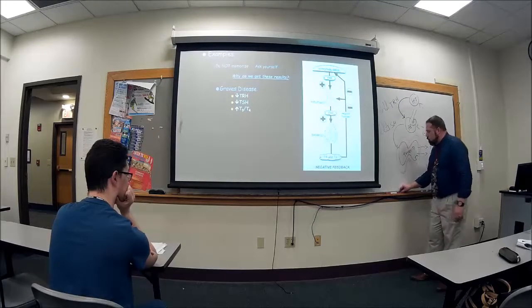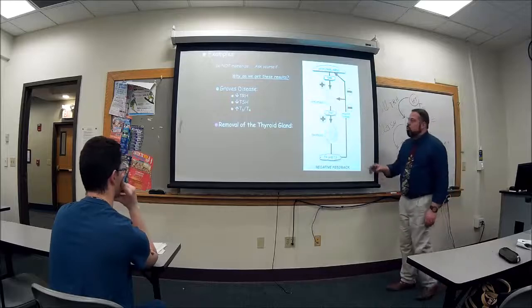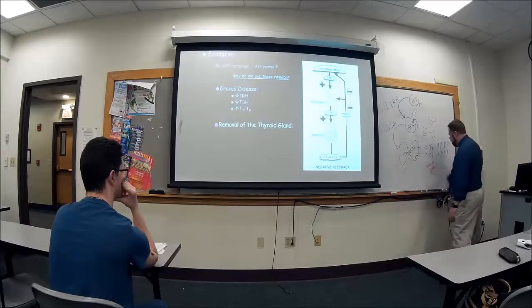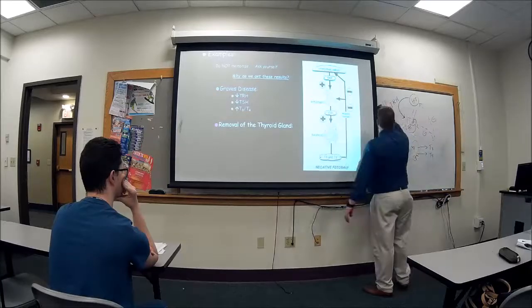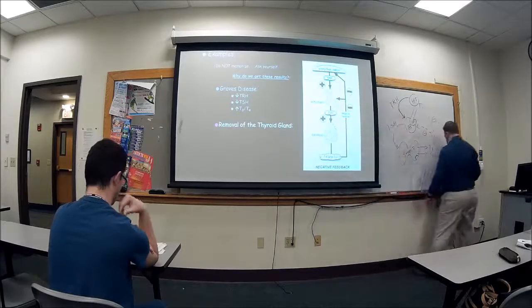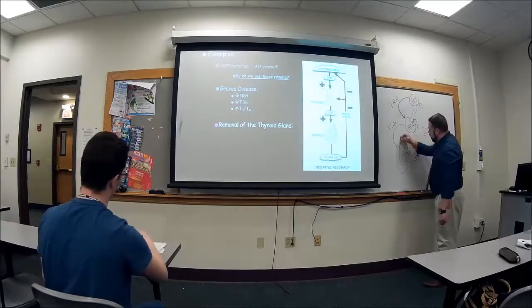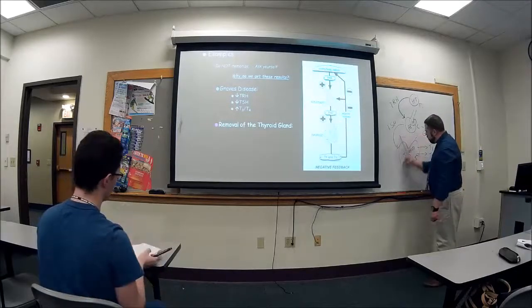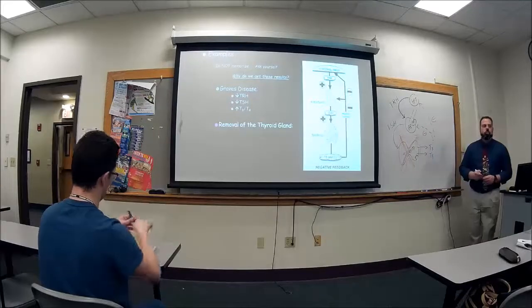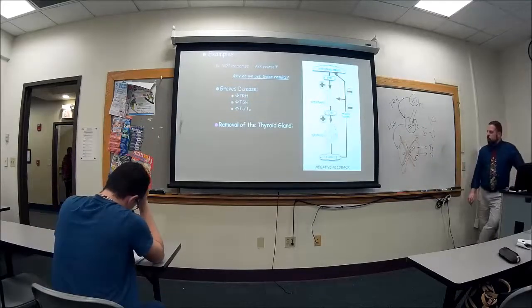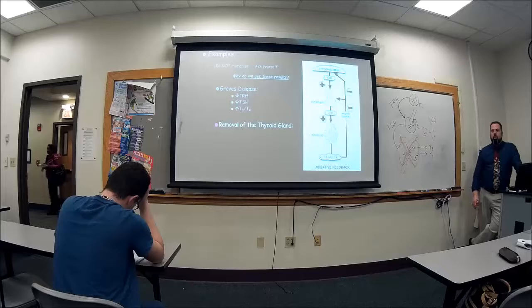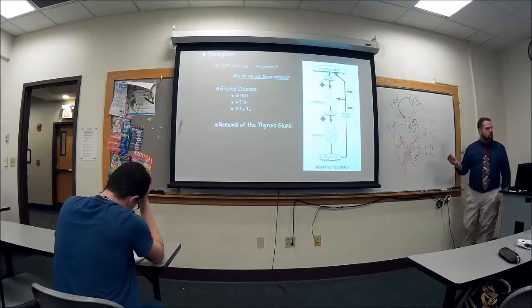All right, now let's do someone who's got the removal of the thyroid. So now what I'm going to do is we remove this because of cancer. Okay? So what happens to T3, T4? Right? Does that make sense?